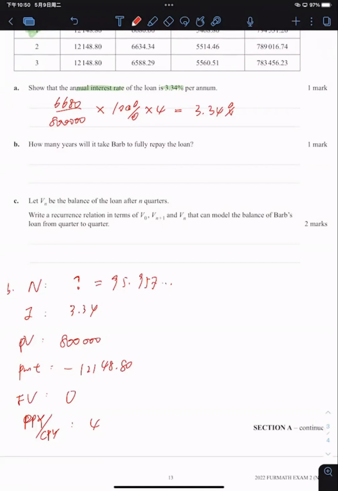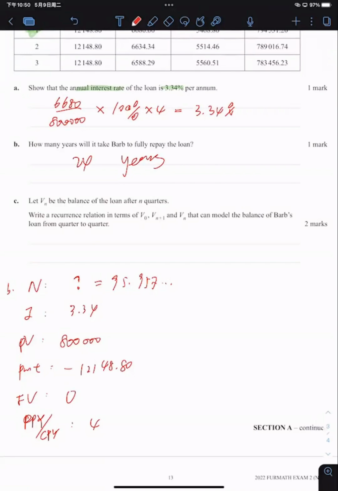So for the final repayment, you don't have to pay the full amount. That makes 96 payments in total. Every year we pay 4 times, so 96 divided by 4 is 24. So it would be 24 years.